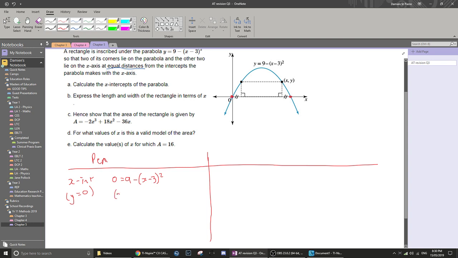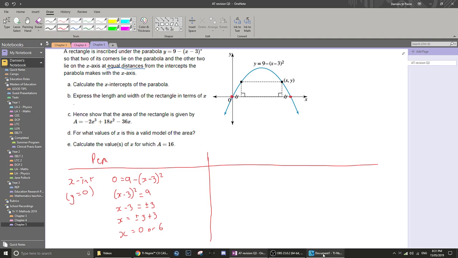So we can get x minus 3 squared equals 9. So we get x minus 3 is equal to plus or minus 3, because I've taken the square root of both sides. So x is equal to plus or minus 3 plus 3. So x is equal to 0 or 6. That's pretty quick.